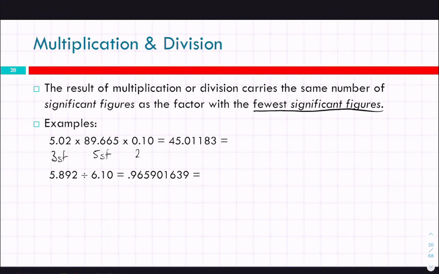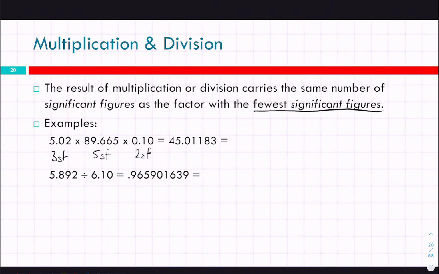Yep, just 2 sig figs. Okay. So our fewest number of sig figs is 2. So our final answer should have how many sig figs? 2. So the final answer spit out by the calculator here, whole thing, right?